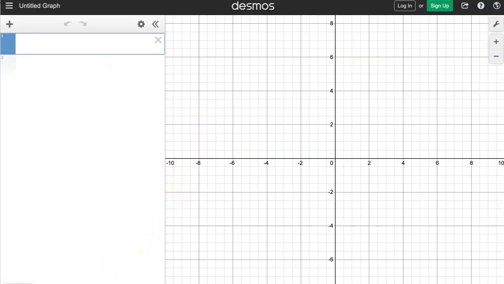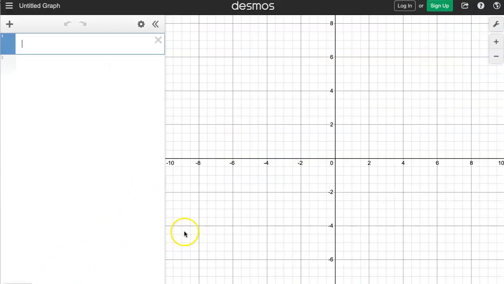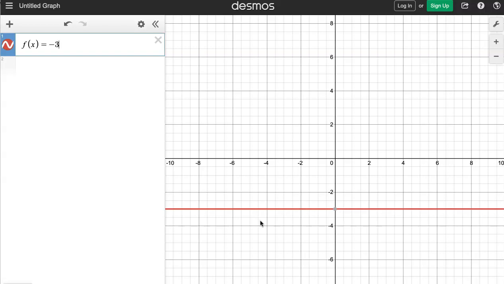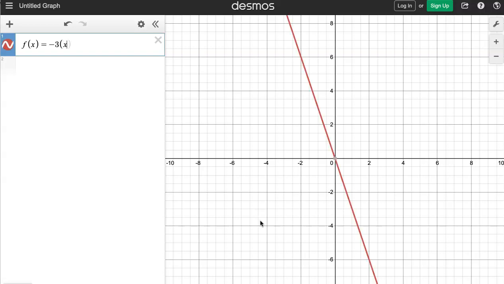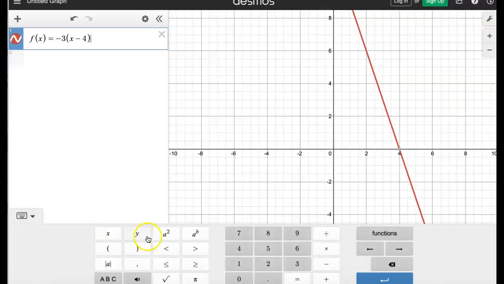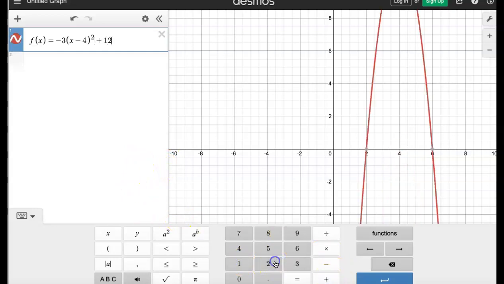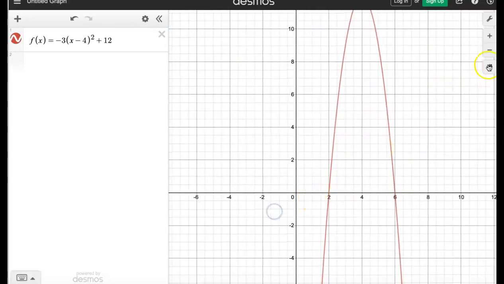So I have Desmos here. And what is the function that we have? f(x) is equal to negative 3 times (x - 4) squared plus 12. So this is the function.